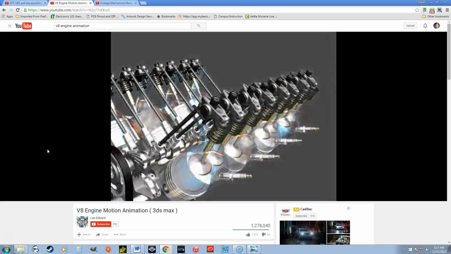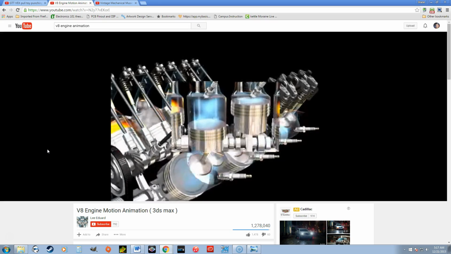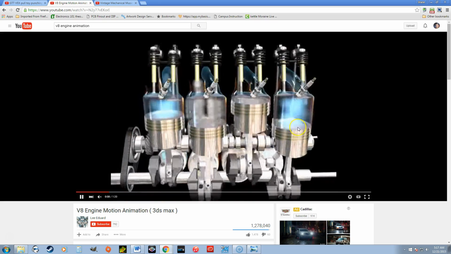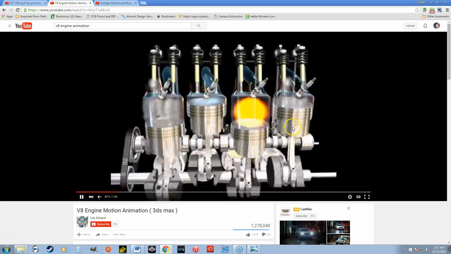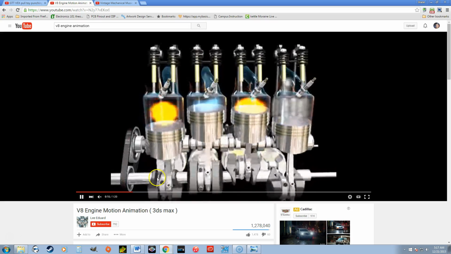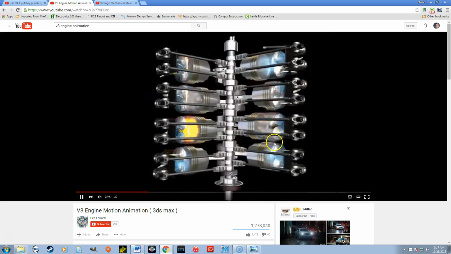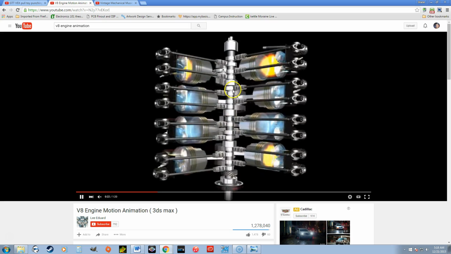Here's an engine which has multiple reciprocating parts. If we look here, multiple pistons going up and down, while the crankshaft spins one direction. Top view of the engine, we can see the camshaft.